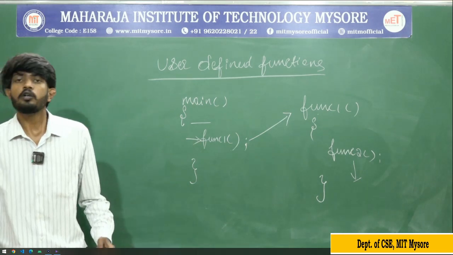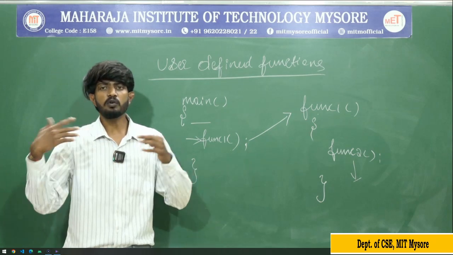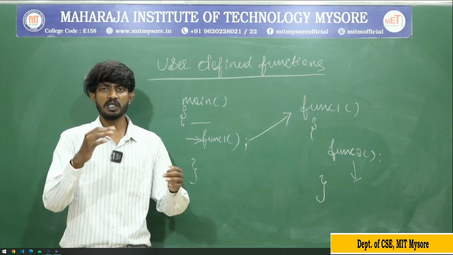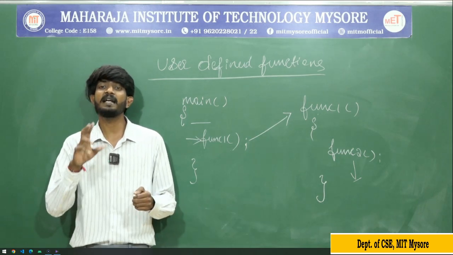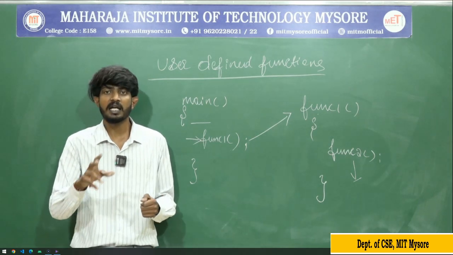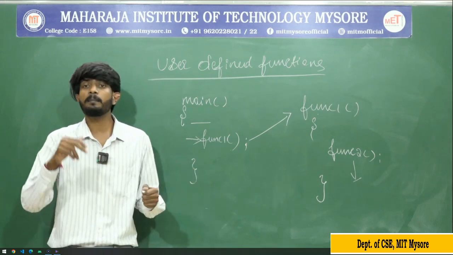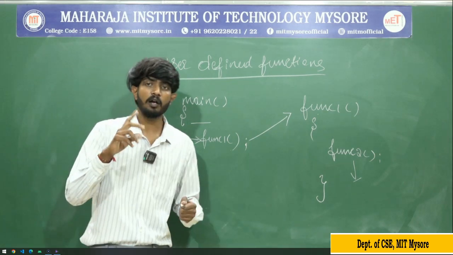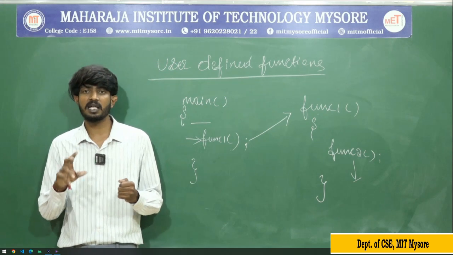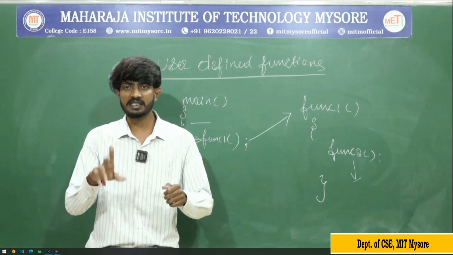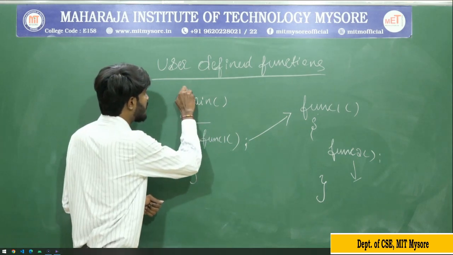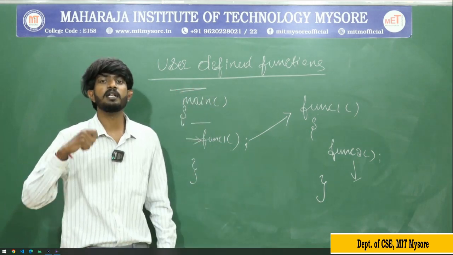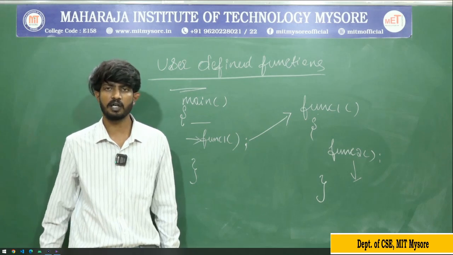To declare or execute any function, we have 3 steps. One is we need to register or declare that function above the main method. I have already told you there is a declaration part in the structure of a C program. In that declaration part, you need to declare your user defined function.